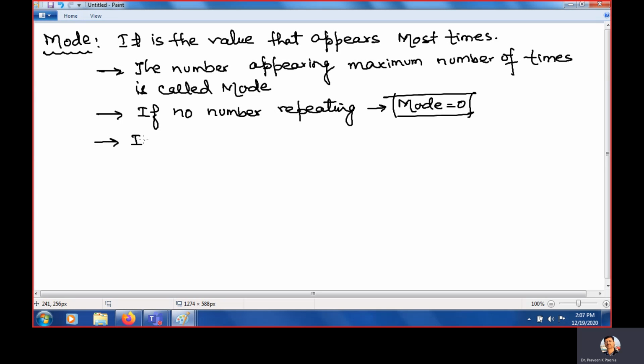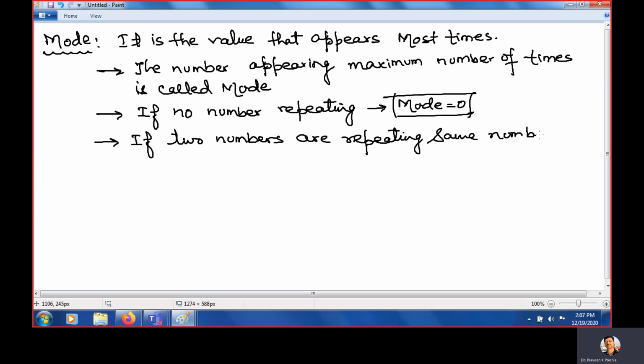If two numbers are repeating the same number of times, then there will be two modes.